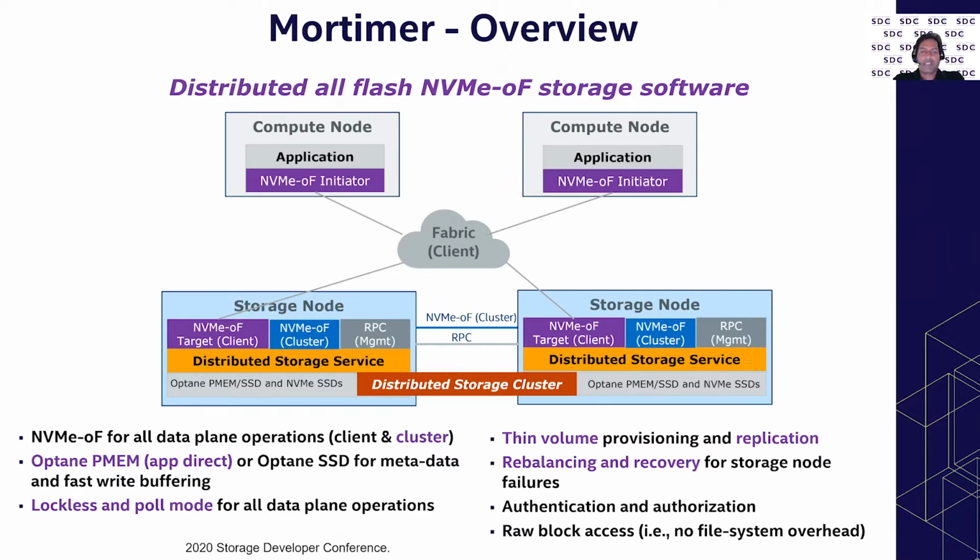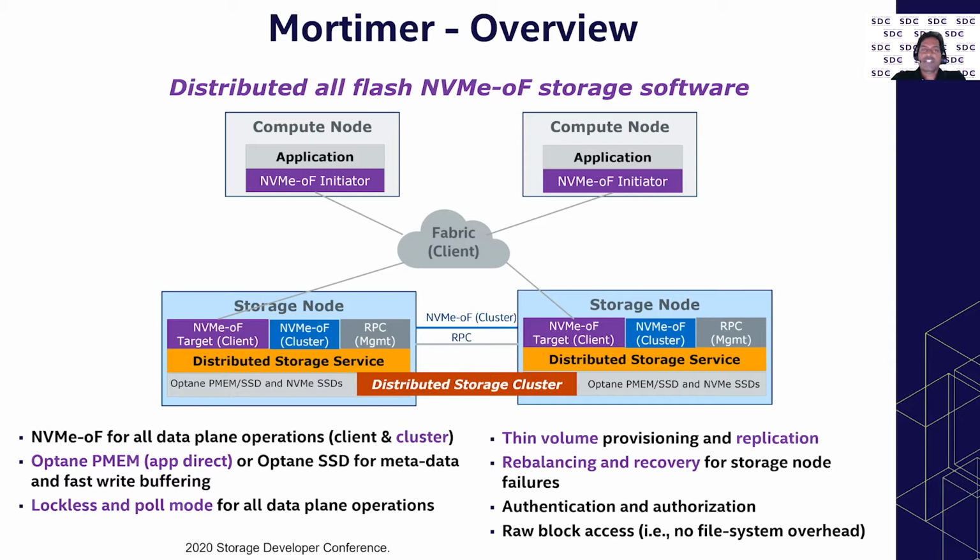The key difference compared to what you see normally with NVMe over Fabrics based implementations is that Mortimer uses this for both client data plane activity as well as the cluster replication data plane operations. So it's an end-to-end NVMe over Fabrics based protocol to build a distributed storage stack.